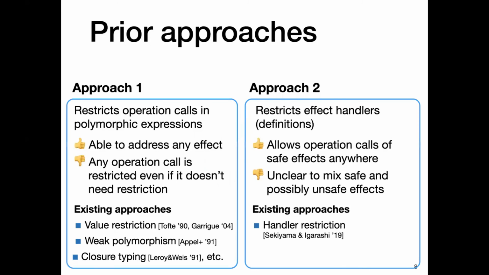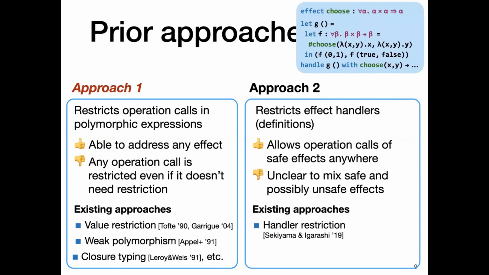But this is a classic problem, so there are many approaches to solving this one. The existing approaches can be classified into two categories. The first category considers restricting operation calls in polymorphic expressions.